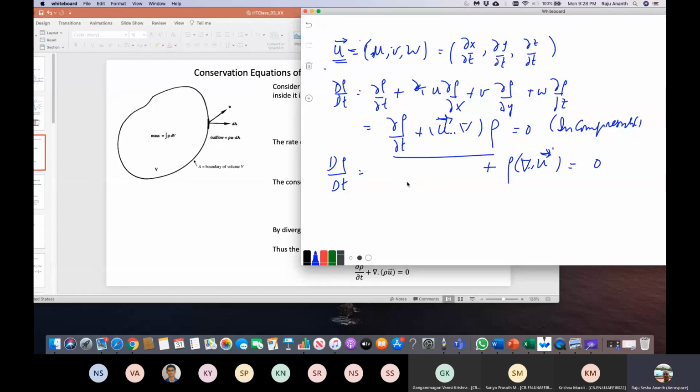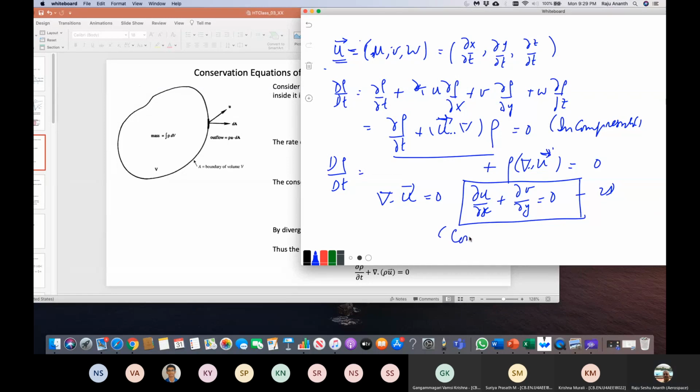So in an incompressible fluid, del dot u is 0, which in component form means du over dx plus dv over dy is 0 in 2 dimensions. So this is nothing but the continuity equation for incompressible flow.